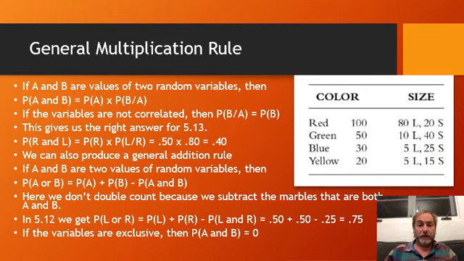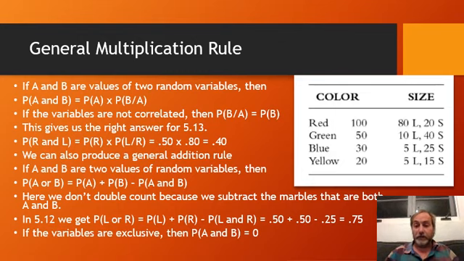If A and B are values of two random variables, then the probability of A and B is the probability of A times the probability of B given A, or B conditional on A. If the variables are not correlated, the probability of B conditional on A just is the probability of B. That's why we get the simple multiplication rule where there aren't correlations, and that gives the correct answer for the previous problem, where it was 50 large reds.